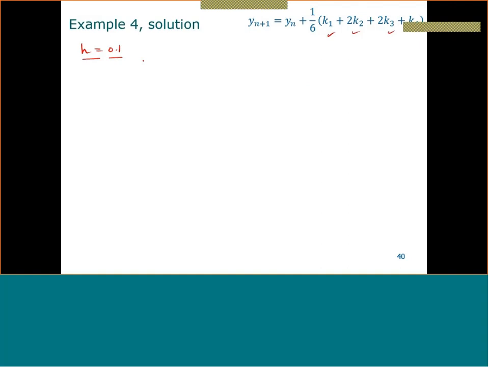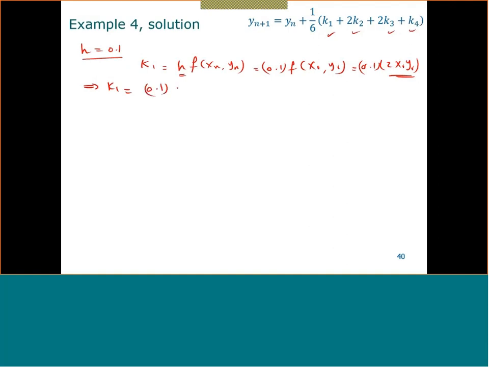We start with K1, which, as I said, is nothing but the Euler method: h times f(xn, yn), which is 0.1 times f(x0, y0). We know this function is 2x0y0, and we know x0 and y0, so K1 is 0.1 times 2 times 1 times 1, which is equal to 0.2. So this is your K1.